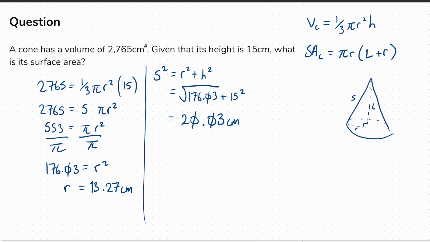But we have our slant, right? So we can use that as part of our equation up here, where L is our slant height.